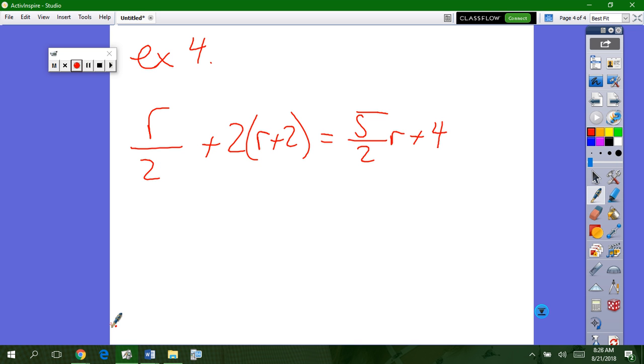If I'm adding or subtracting, I need a common denominator. If I am multiplying, multiply straight across.